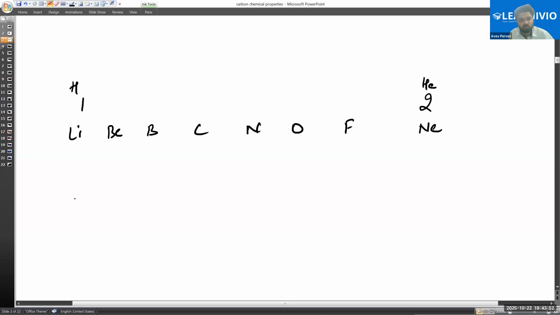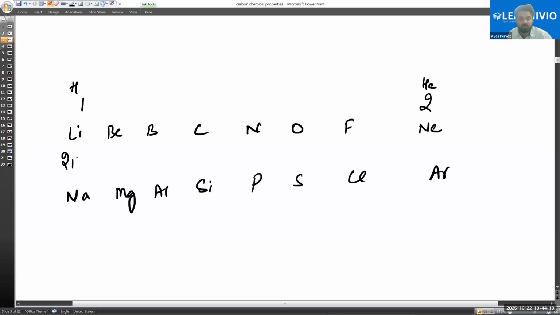Then we have sodium, magnesium, aluminum, silicon, phosphorus, sulfur, chlorine, and argon.